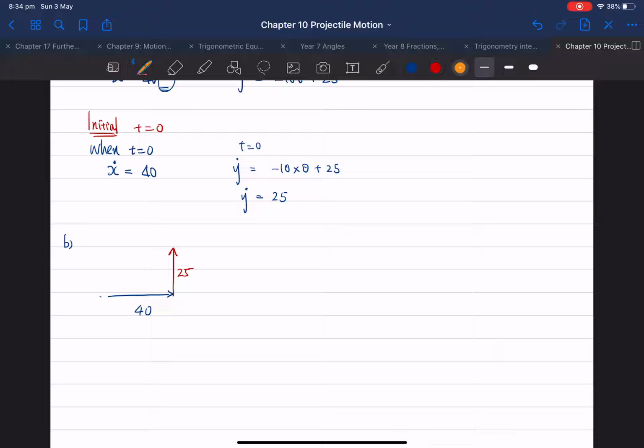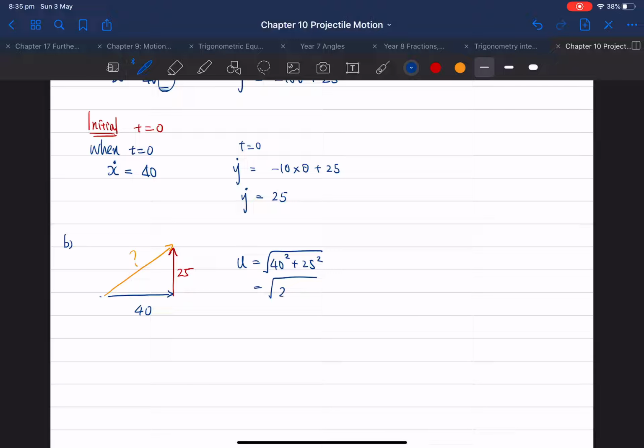And then the resultant velocity goes that direction there. So obviously we just have to find this answer there. How do we find it? Well, Pythagoras. The initial velocity will be equal to 40 squared plus 25 squared, and you square root that. Let me just use a calculator to do the calculation.